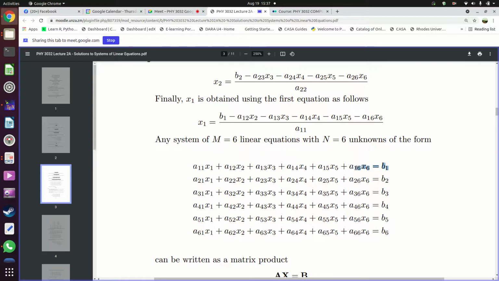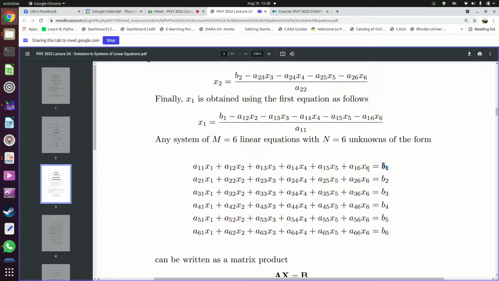In this equation, the unknowns are x1, x2, x3, x4, x5, x6. So we've got 6 unknowns, N equals 6. Then the coefficients are a11, a12, a13, a14, a15, a16. Then there's this bit here, your b, which is a constant b1.